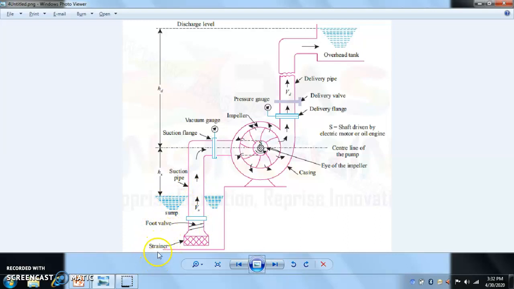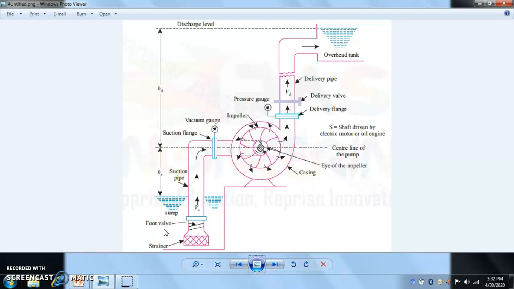The purpose of the strainer is to not let any solid particles or any other particles enter along with the water in the pump, because if solid particles enter the pump, they can destroy the impeller and the casing. Now second is the foot valve.